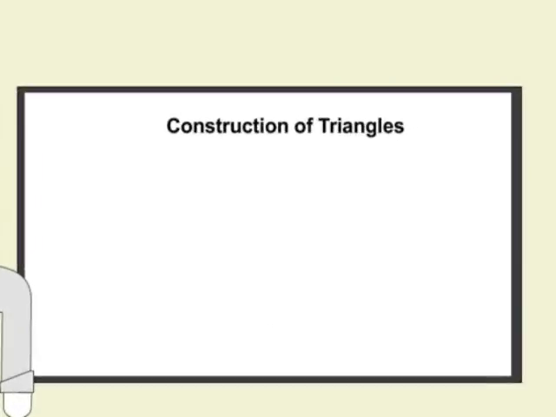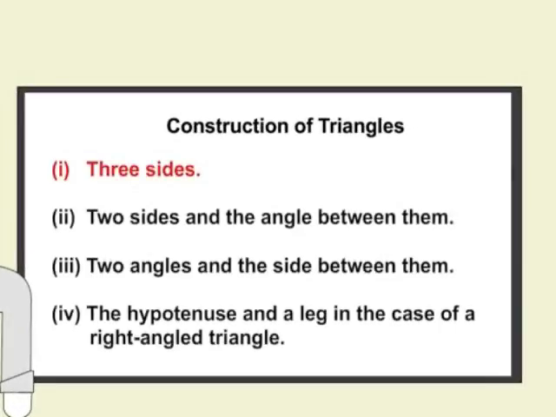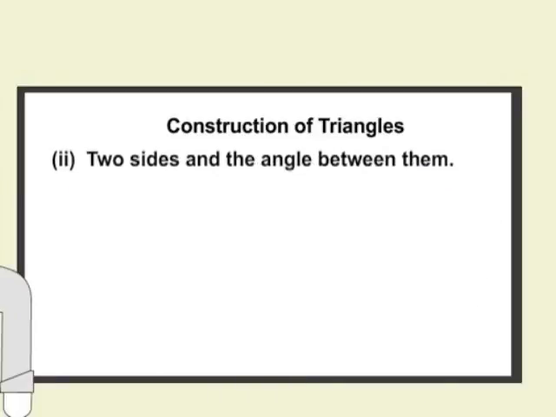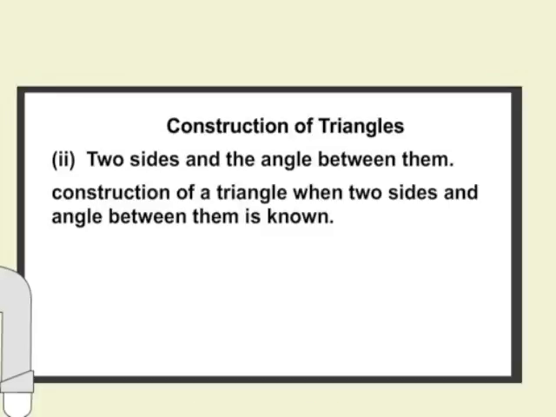Well, Raju, now that you have studied the construction of a triangle when all 3 sides are given, let's move on to the next point. That is, 2 sides and the angle between them. Let us consider a triangle when two sides and the angle between them is known.